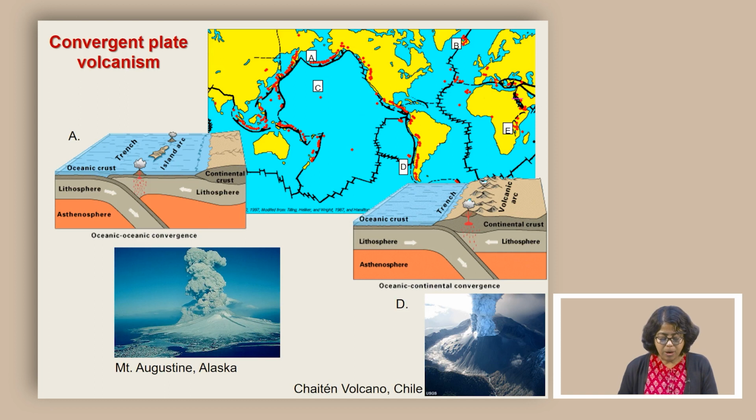When we talk about continent-ocean convergence, because oceanic crusts are denser, they will have the tendency of going down underneath the continental crust.